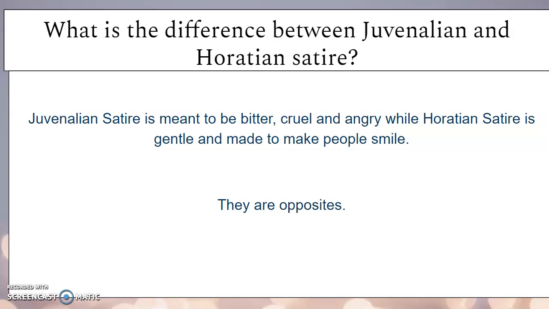Horatian satire doesn't really attempt to poke fun or be angry or bitter towards people or situations, whereas Juvenalian satire is more of a dark humor, meant to ridicule and be bitter and angry towards different groups of people or situations. So they are opposites. That's something important to keep in mind.